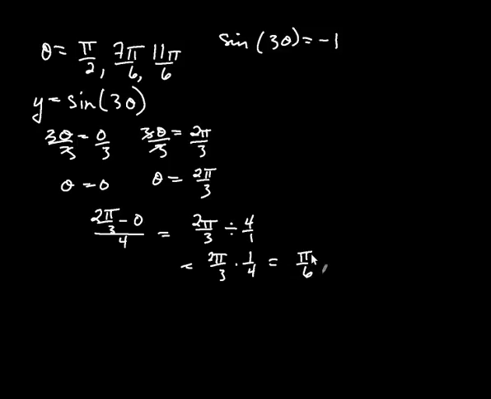Now what this is, remember, when we graph, that refers to what I call the step size. Now the step size is the length of the subinterval that you get when you take the interval from 0 to 2 pi over 3 and you divide it into 4 pieces.